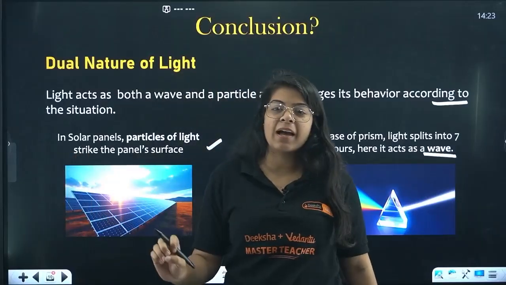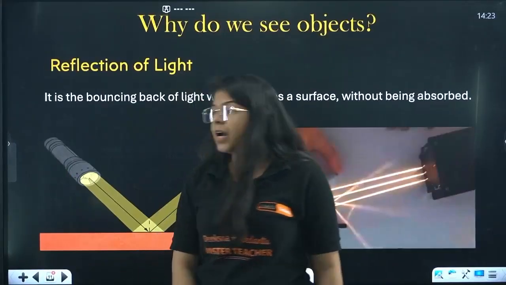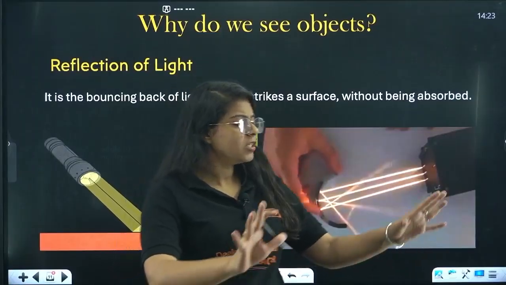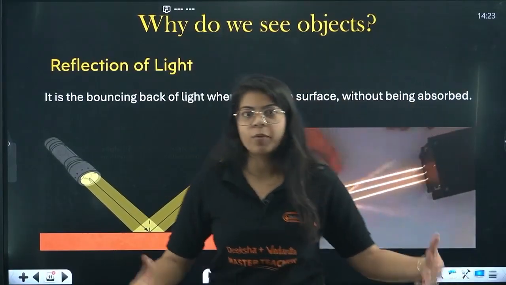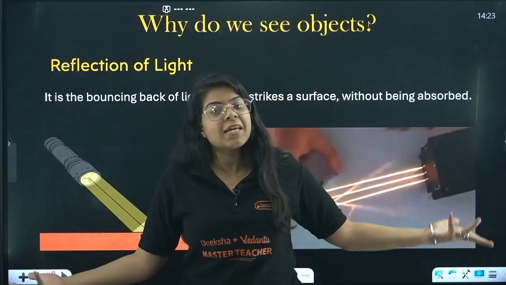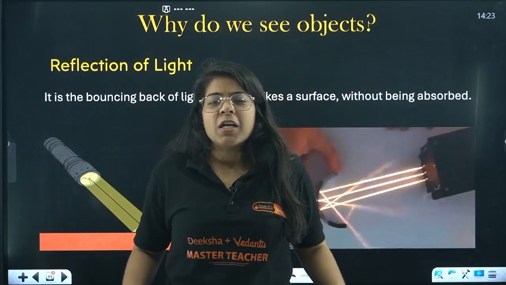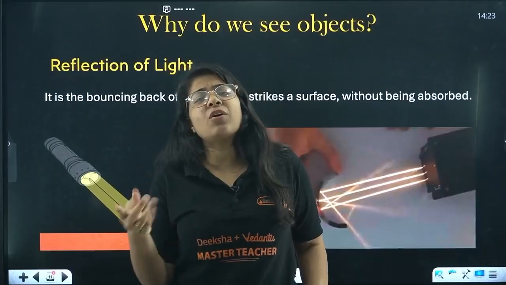Till here everything clear? Now after that, beta, we have to see one thing: why do we see objects? Ma'am, I open my eyes, I see some objects. Yes, but if you close your eyes, if I close all the light from here, the objects are still here. Why do we not see them?